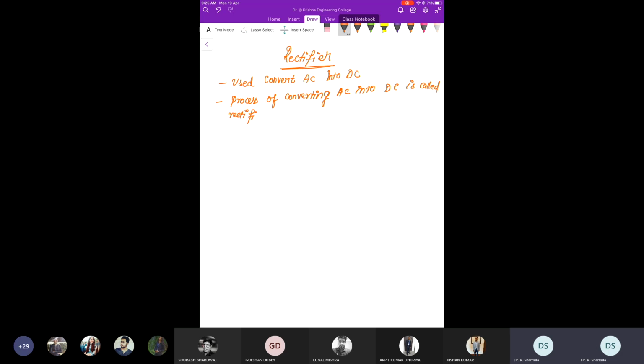The circuit which we are using, I already told you, in a rectifier we are going for the full wave rectifier, half wave rectifier and all. So full wave rectifier, half wave rectifier matlab आपको एक particular circuit use करना पड़ेगा, right?